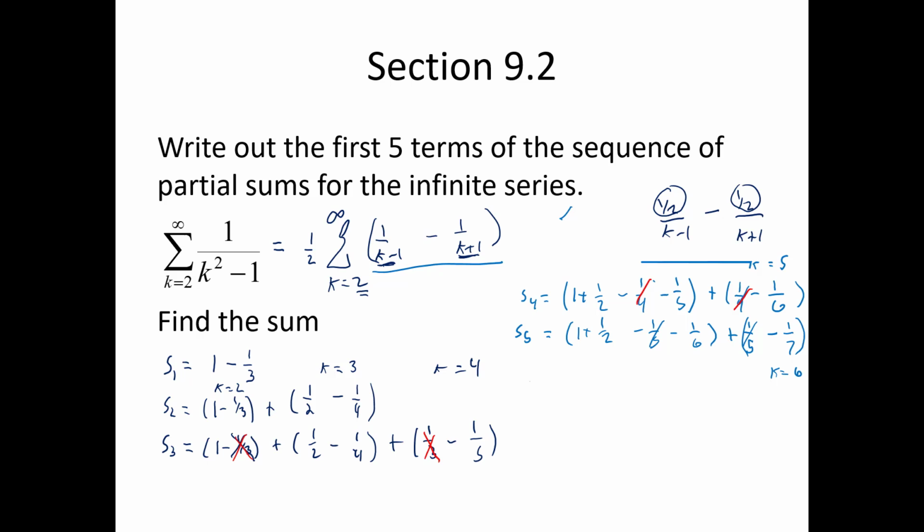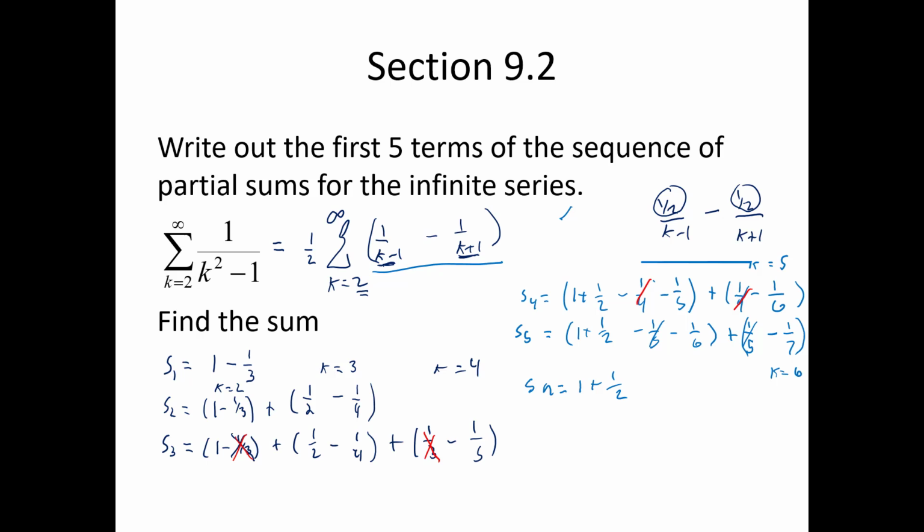And so it looks like Sn, the sum of the first n terms, is, you're always going to have a 1. You're always going to have a 1/2. But then when n is 2, the other terms are 3 and 4. When n is 3, the other terms are 4 and 5.